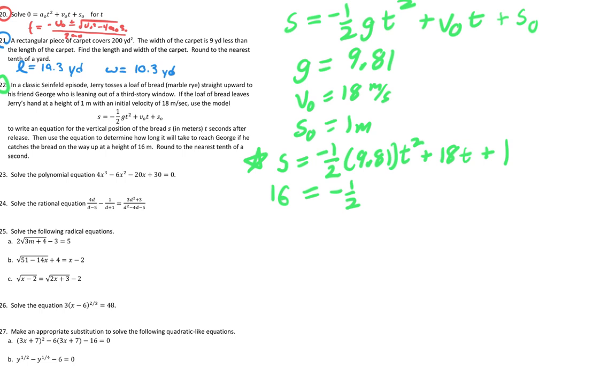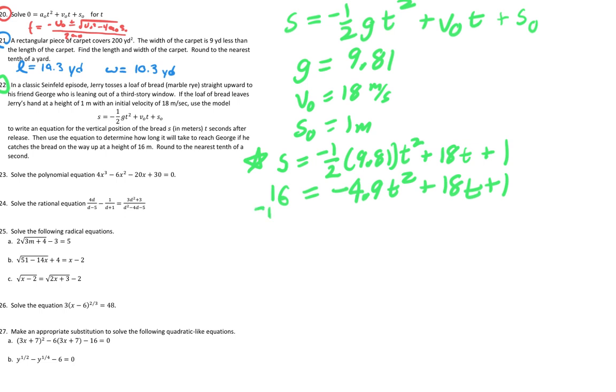I'm actually going to do that real quick: 9.81 times negative 1/2 gives us negative 4.9 t squared plus 18t plus 1, right?